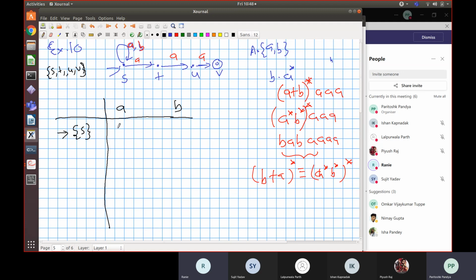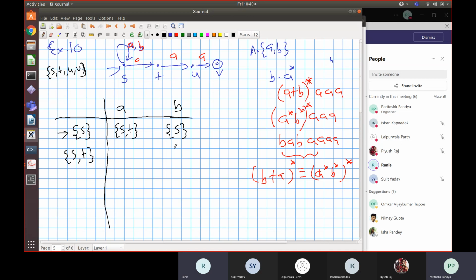S, comma T. So I will go to the set S, T. From S on an A, I can go to S. On a B, where will I go? S. Very good. So S I have already got and I have expanded it, but this ST is a new set. So now I need to add ST to my list because it's a reachable state in the DFA.